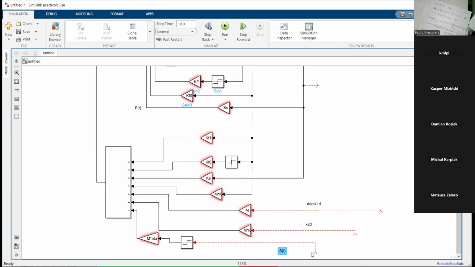Okay. So sometimes I don't see well. Okay, define please s of t. S of t was the error, the dynamics of the error of x1.